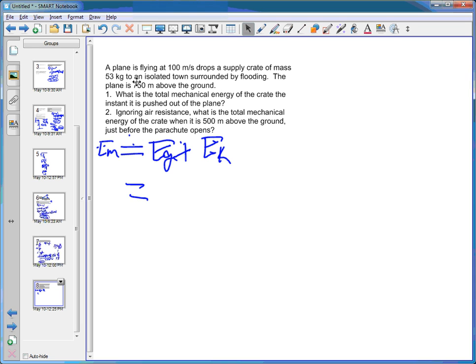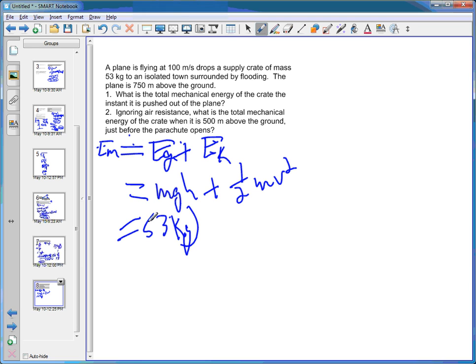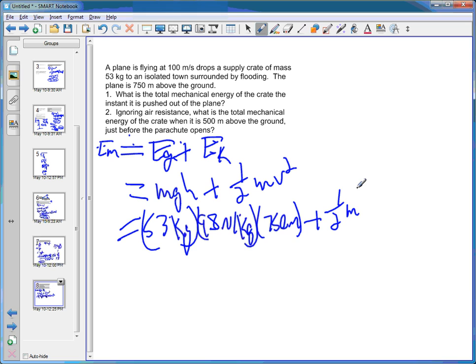Okay, its mass, 53 kilograms, times 9.8 newtons per kilogram, times a height of 750 meters, plus its kinetic energy, which is 1/2 mv squared, so 1/2 of 53 kilograms times velocity, it's traveling 100 meters per second, 100 meters per second.